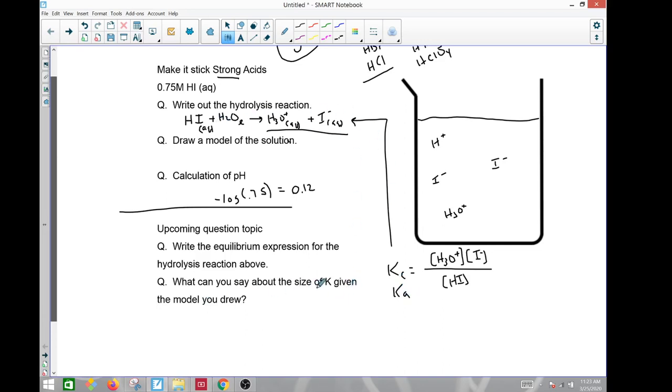Okay, so what can you say about the size of K? Is it going to be big, small, medium? Well, we only have products here. So everything is going to be shifting from here to here. So this thing is going to be super huge.